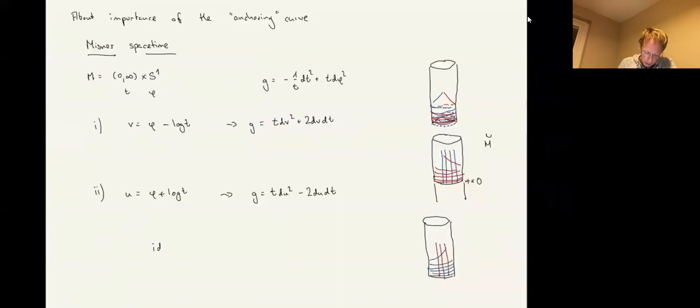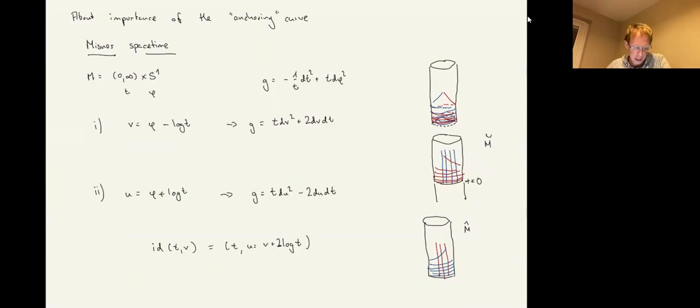This also shows when we look at the identification map, which maps the original space M in M tilde to M hat. The identification map from M tilde with t, v coordinates into M hat with t, u coordinates takes this form. And you see that when t goes to 0, log t goes to minus infinity, so this identification map doesn't have a continuous extension to t equals 0.